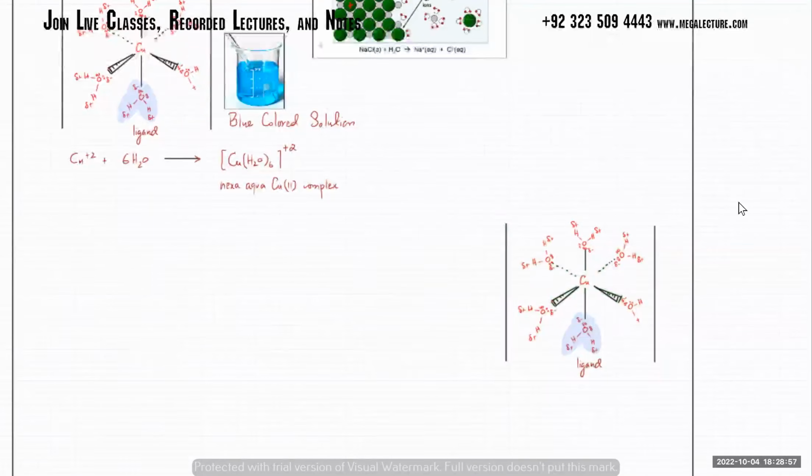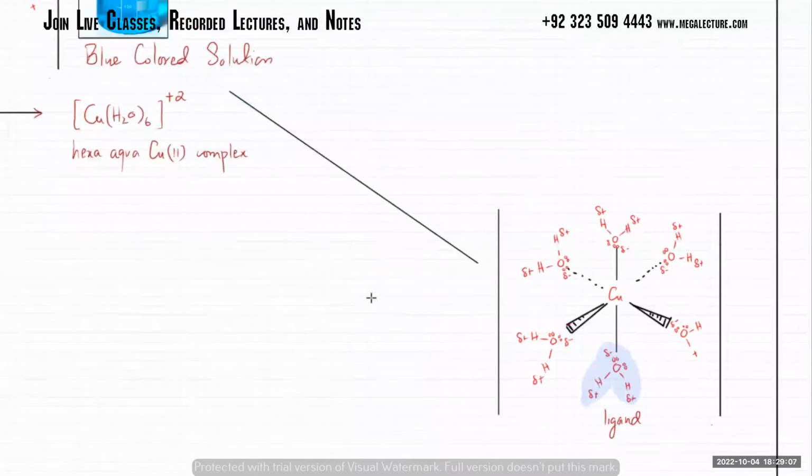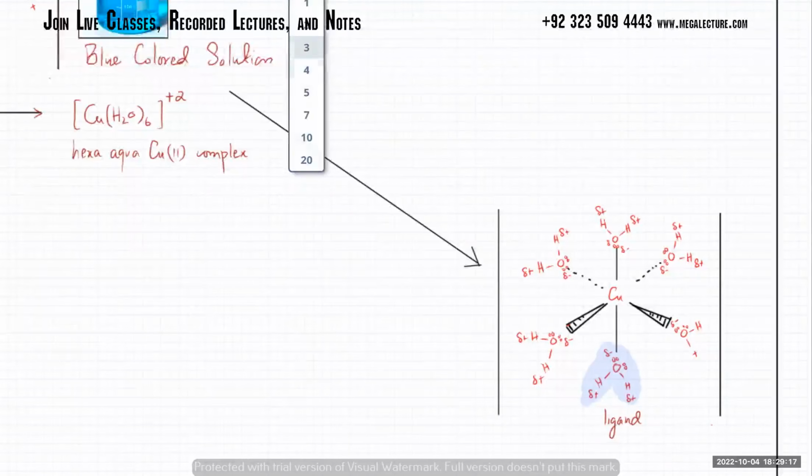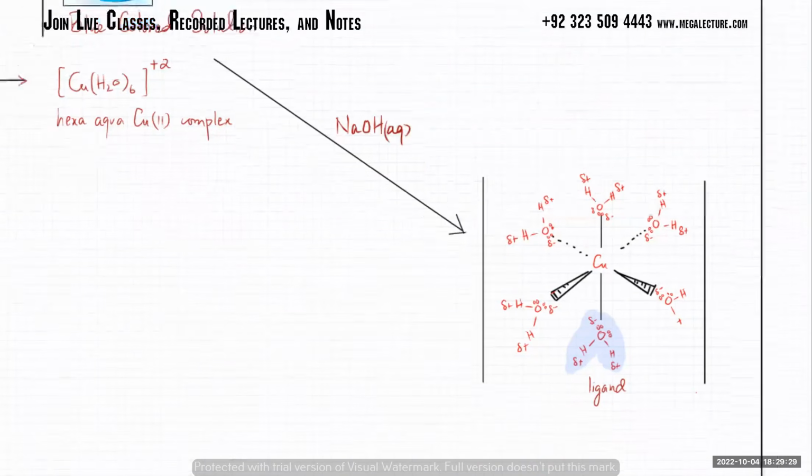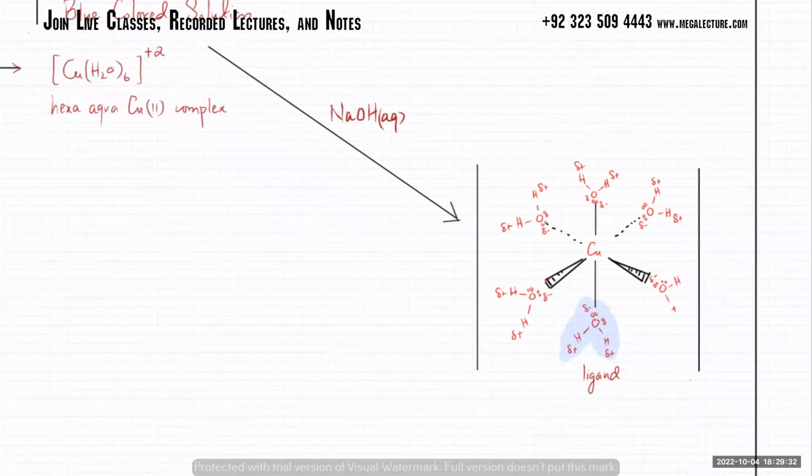I take this blue colored solution and I start adding NaOH aqueous to it. Now, when you add NaOH aqueous to water, obviously you're adding a lot of OH ions.